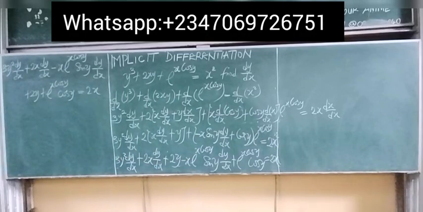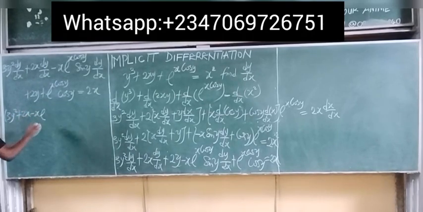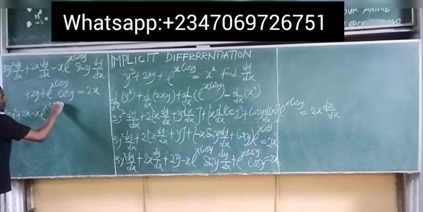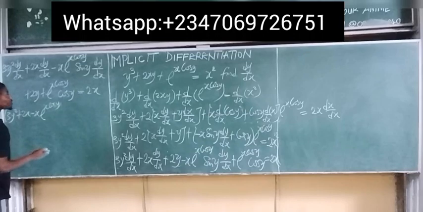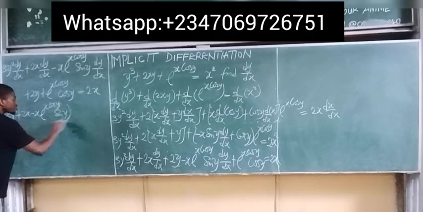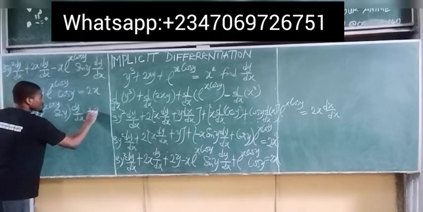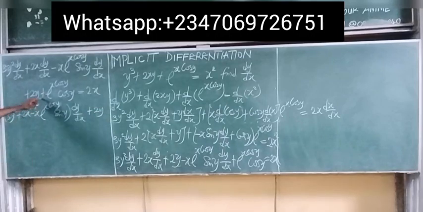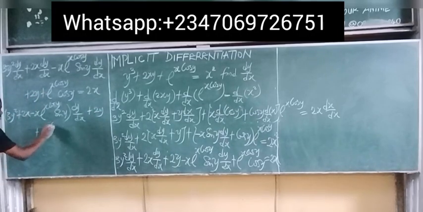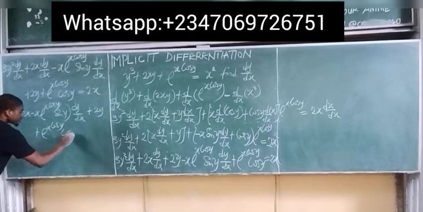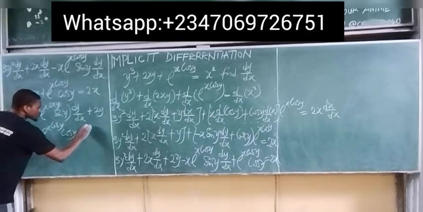All right, so at this point is to factor the dy dx. The dy dx is common here, so you simply factorize. I will have here 3y squared plus 2x minus x exponential x cos y sine y, all multiplying by the dy all over dx plus 2y, plus exponential x cos y, and that's equal to 2x.